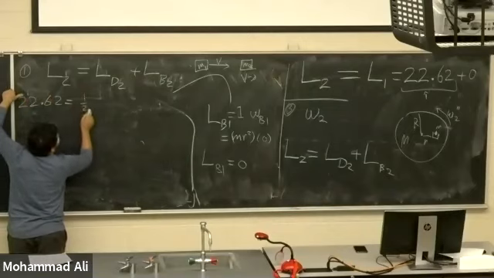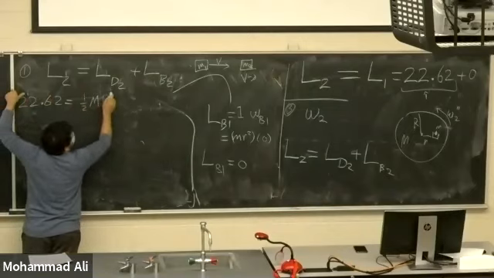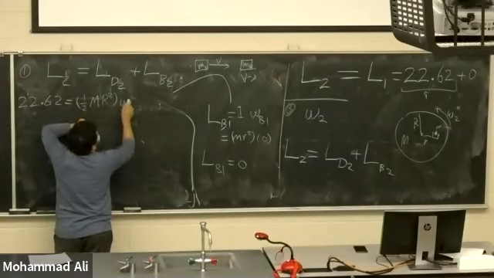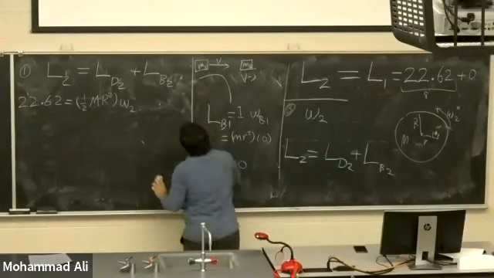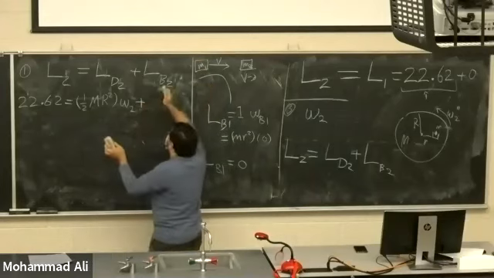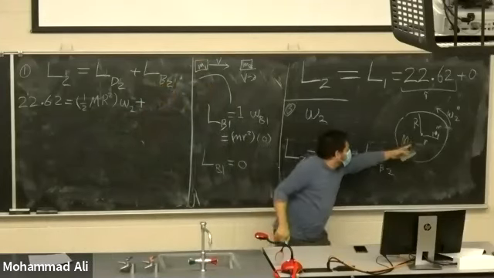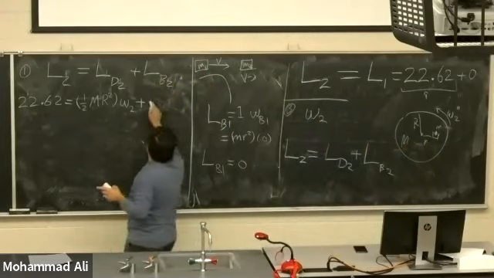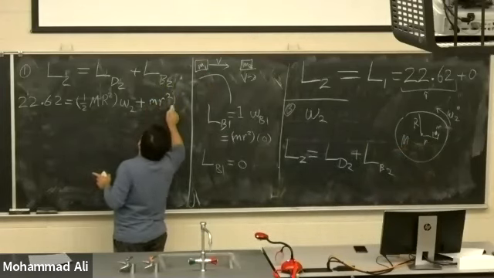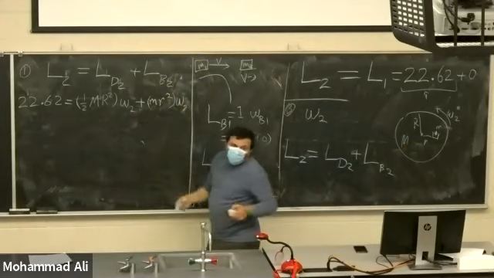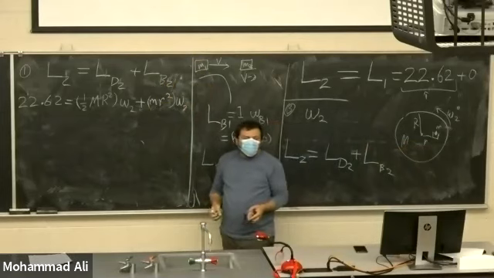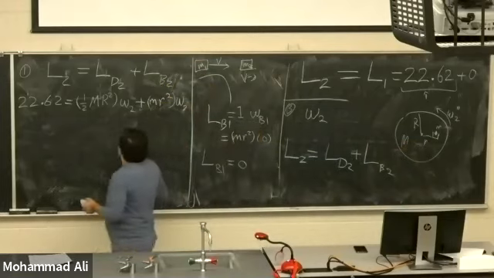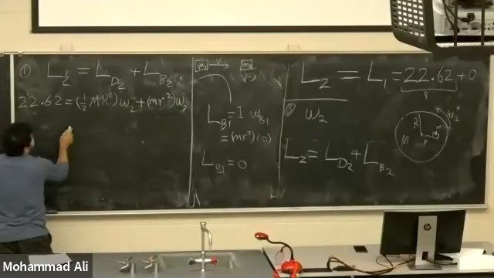It is half capital M capital R squared multiplied by omega 2, plus I need to add the angular momentum for the small ball, which is small m small r squared multiplied by omega 2. They have the same velocity because they are stuck together. This is just like a total inelastic collision, right? So I can take omega out of them.